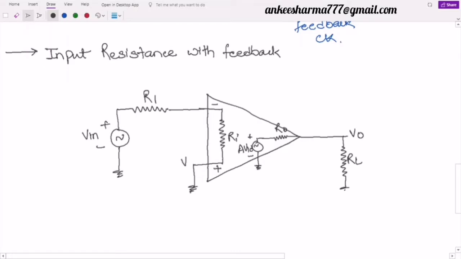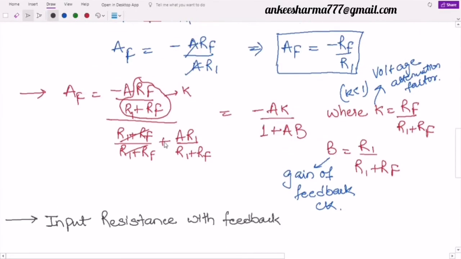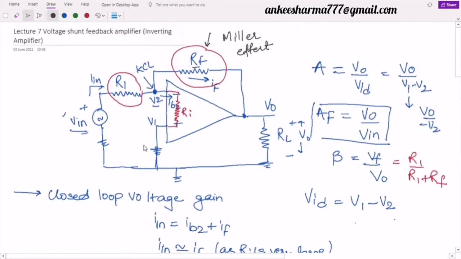We use V1 over here and V2 over here. Now this is the circuit. If you compare this circuit with the circuit that I have drawn, the only difference is that I have not connected all the grounds together, and second, I have not used this RF now. This RF has to be divided between the two, simply at the input and the output.